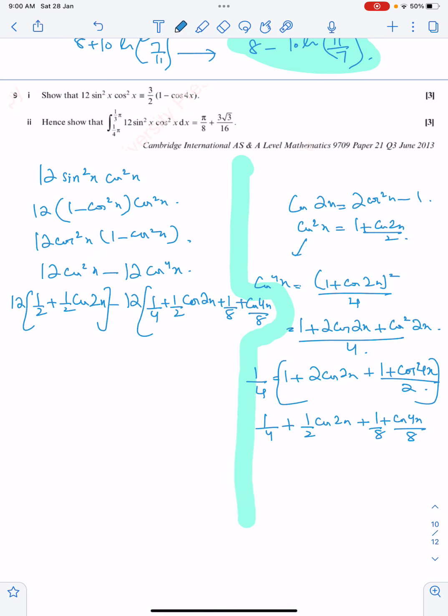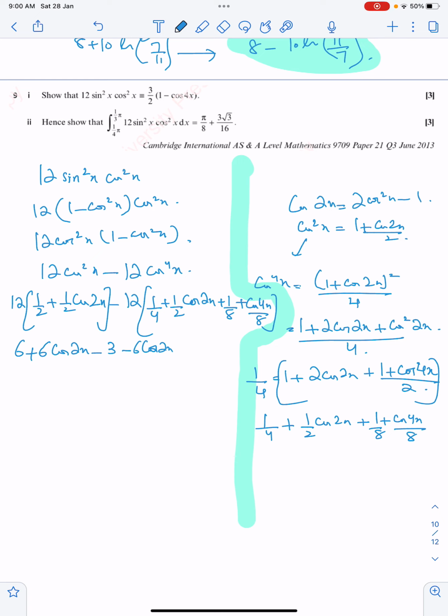Let's simplify this now. This will become 6 plus 6 cos 2x minus 3 minus 6 cos 2x.